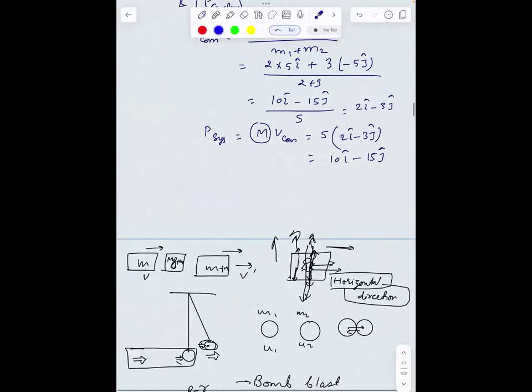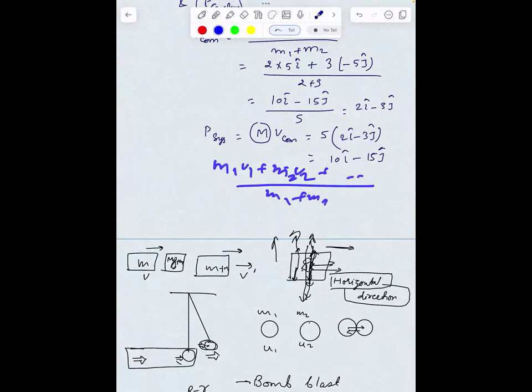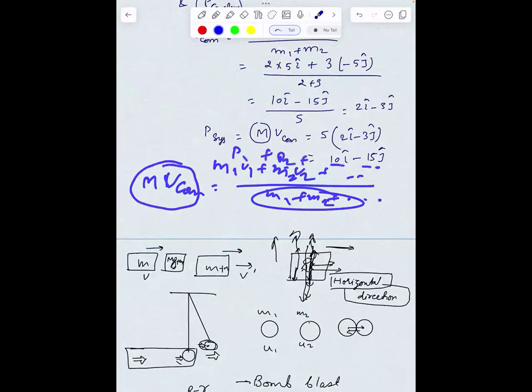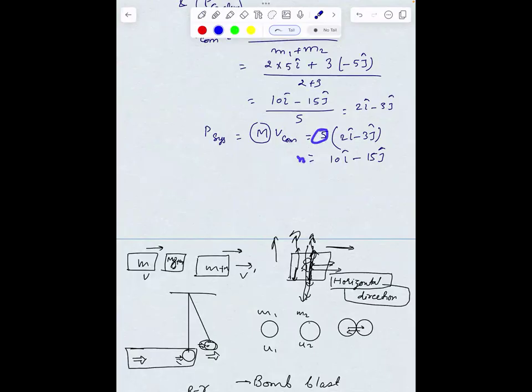So what I taught you is M1 V1 plus M2 V2 plus and so on, upon M1 plus M2 plus and so on, is V center of mass. This entire mass is capital M. M into V center of mass is what? P1 plus P2 plus and so on. This is P of system. That is why P of system is equal to total mass M1 plus M2 plus M3 times V center of mass. Are you getting my point? Yes or no? Yes, sir.